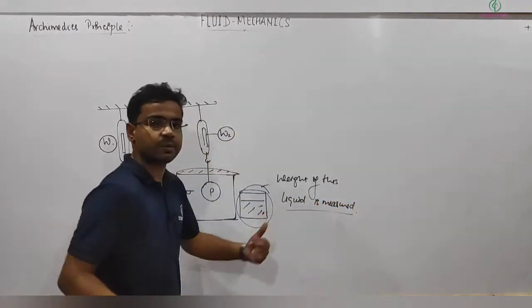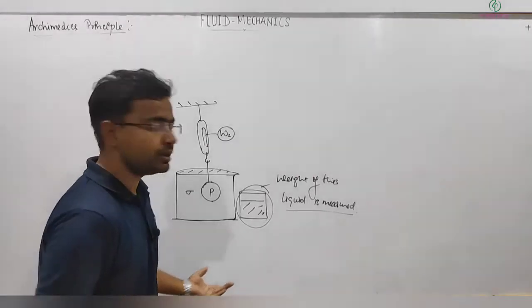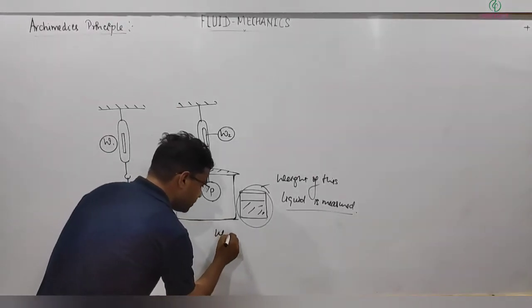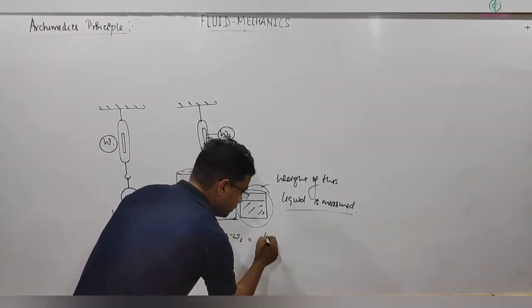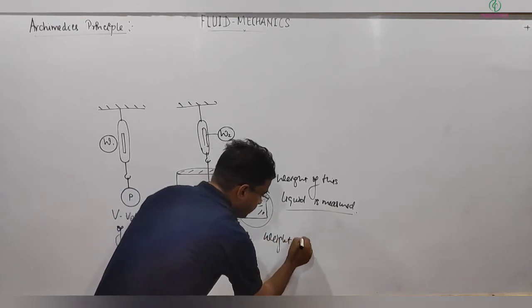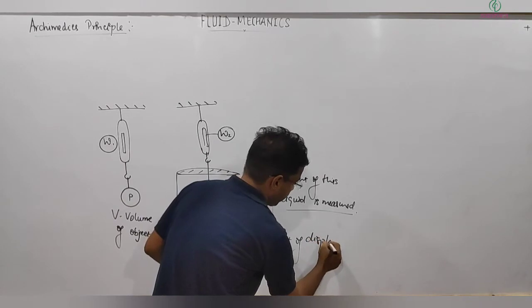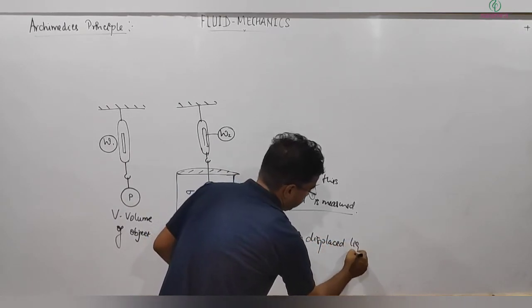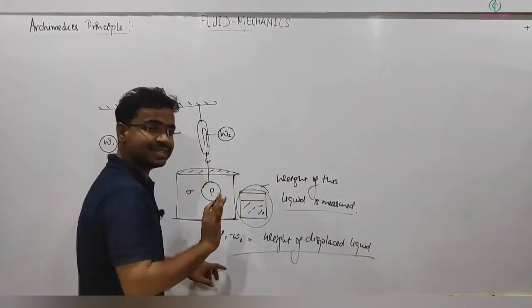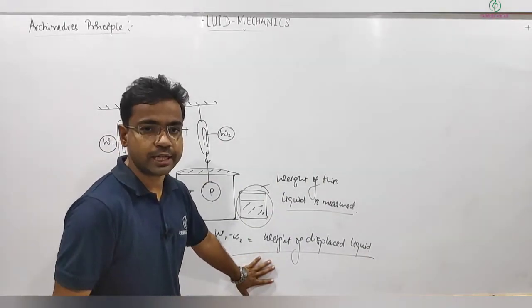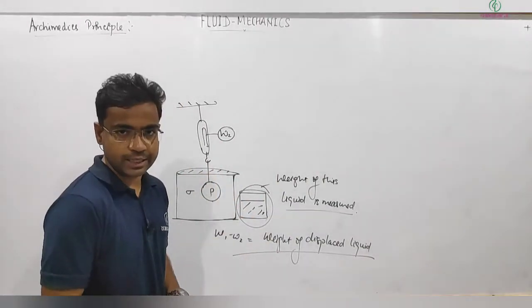This is all simple experimental observation, and what we found is that W1 minus W2 comes out to be the weight of this displaced liquid. Right? Simple observation. Practically, we can even prove it mathematically also.